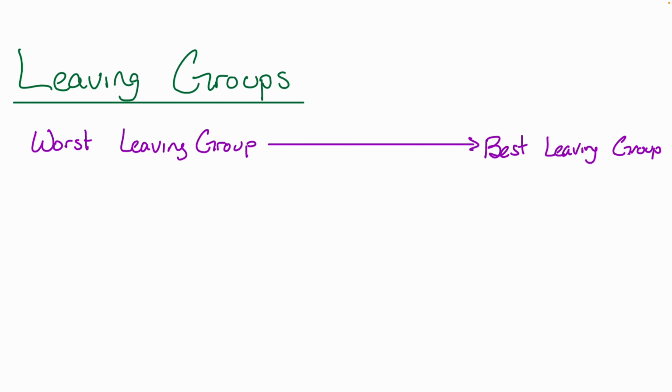So our worst leaving groups are our best bases, and our best leaving groups are our worst bases. These two are inversely related to one another. Let's just kind of note that. Our good leaving groups are bad bases.